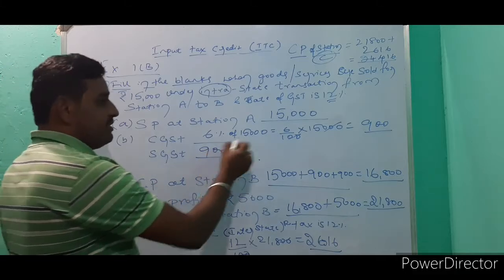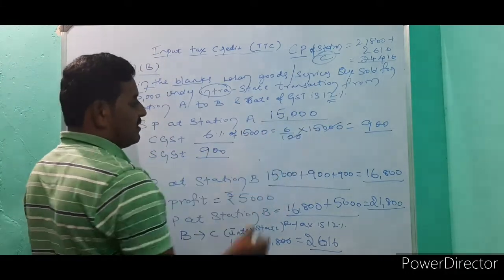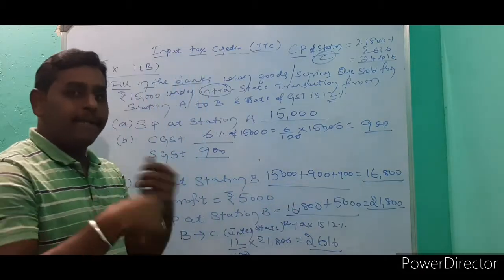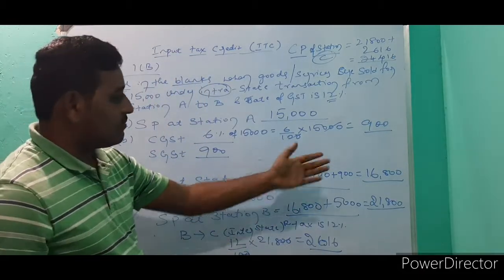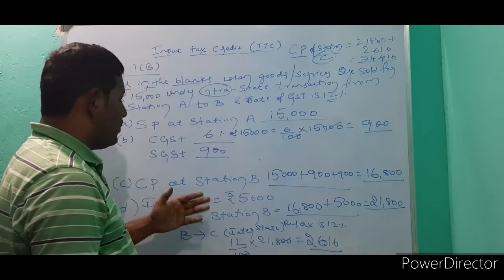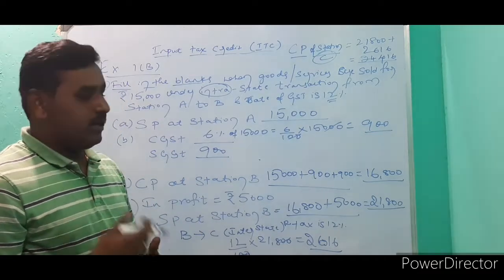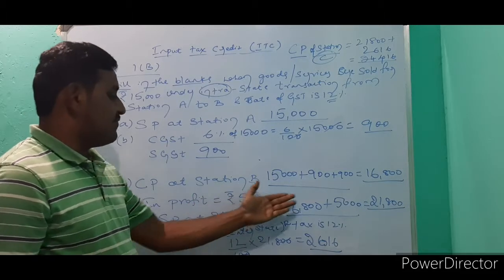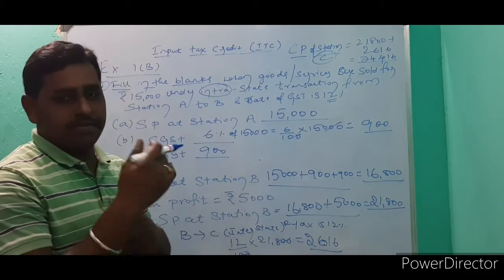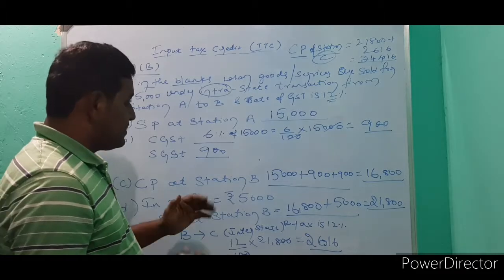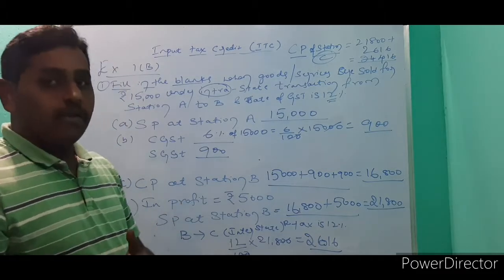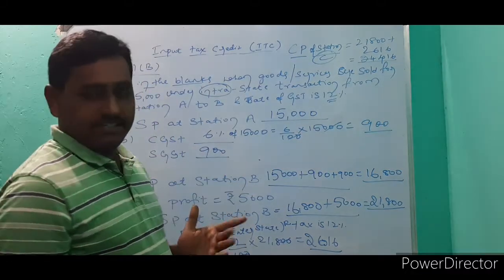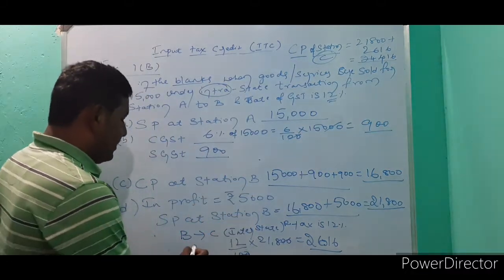Adding this GST amount to the selling price of station A, you get the cost price of station B. After getting the cost price of station B, you want to make a profit on it. If you add 5,000, you get the selling price of station B. Next, station B to C is interstate. That means no need to find CGST and SGST. You only find IGST.